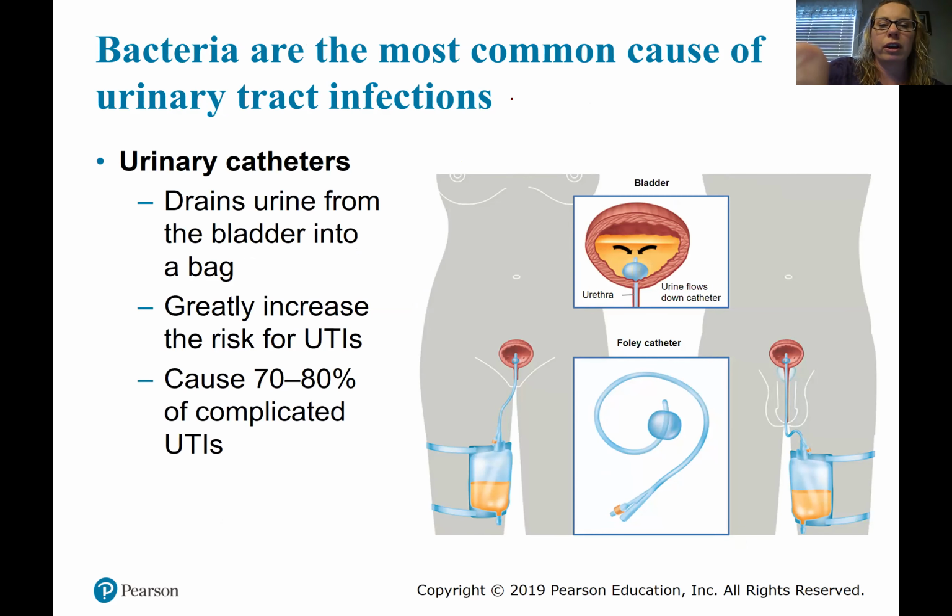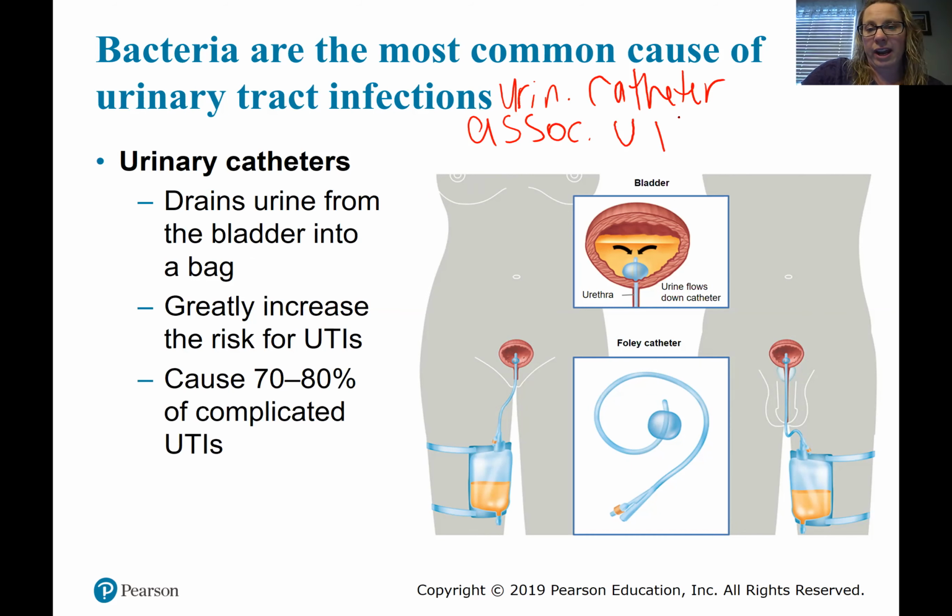But urinary catheter associated urinary tract infections are responsible for about, oops, sorry, I got a little crazy with my pen there and it kicked me out of my screen sharing.